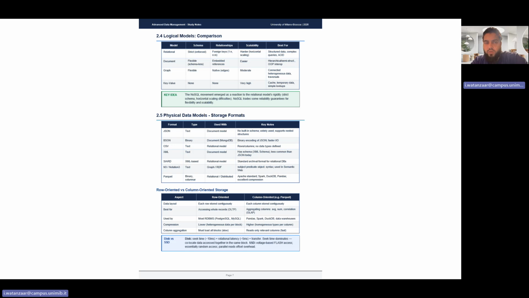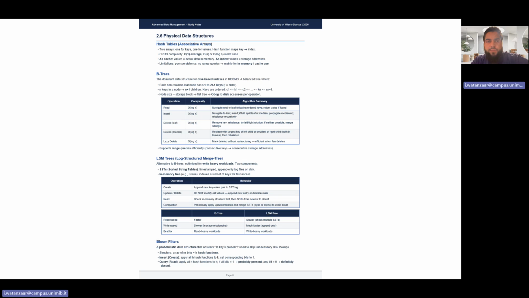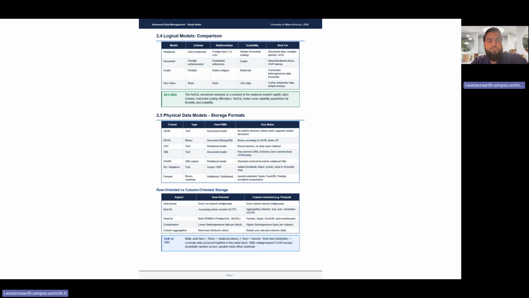Then we discuss row-oriented versus column-oriented storage. Then we start certain types of physical data structures, like how data is stored in the computer. From them, we discuss hash tables, B-trees, LSM trees and Bloom filters. And this will be the end of the lecture.